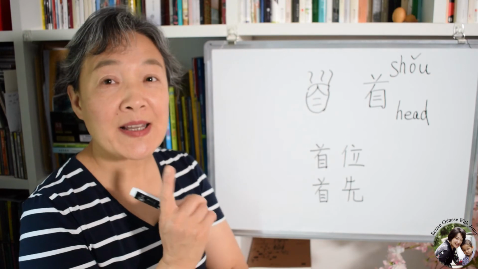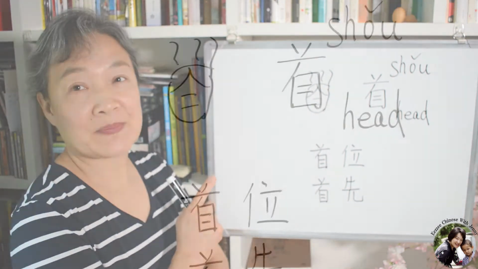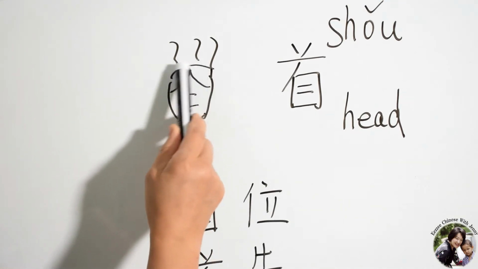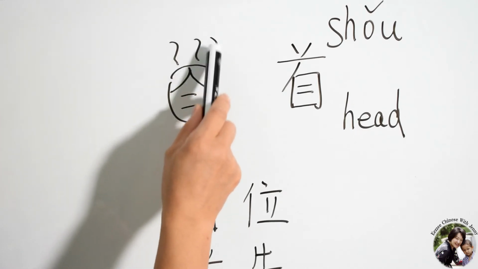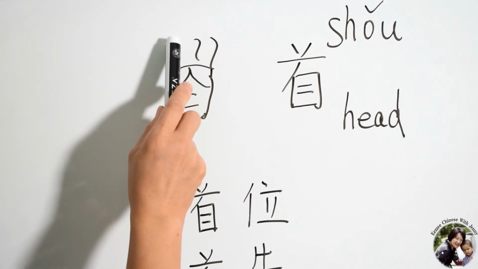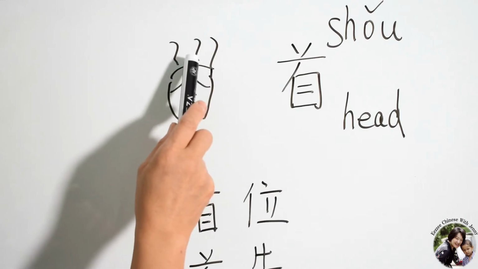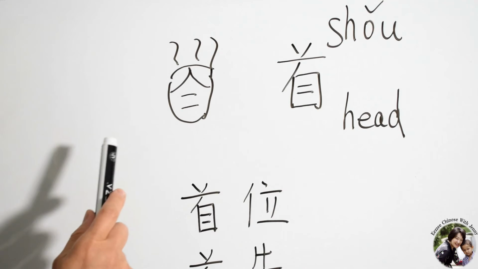Let's learn another character which also means head. Okay, remember this shape is the nose, and on top of one stroke means your head. And then you add these 3 strokes, which originally means the horns on the top of the goat or sheep head. So this originally means the goat head.